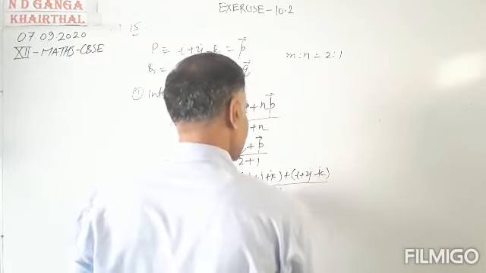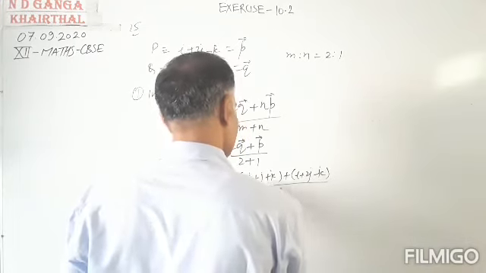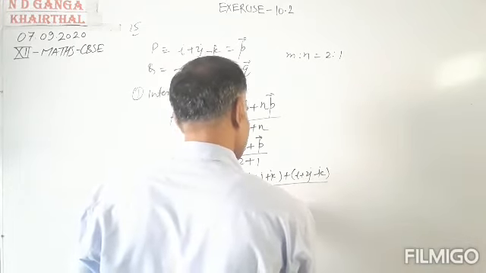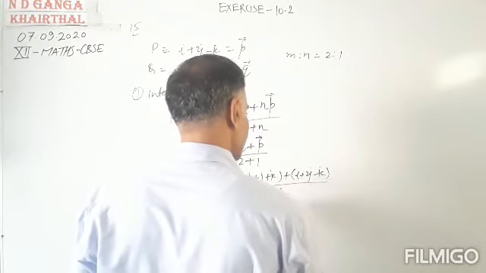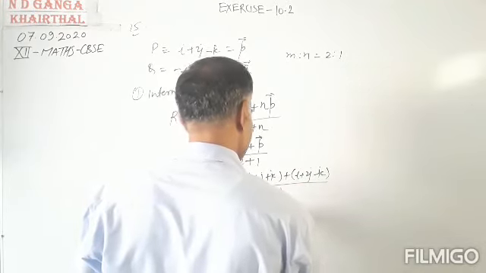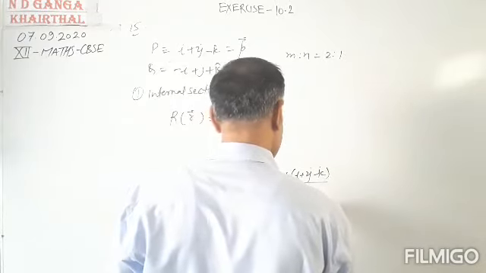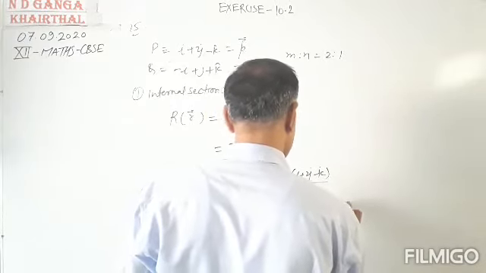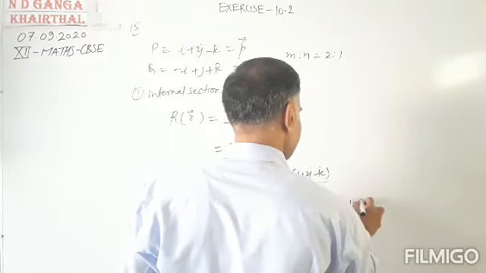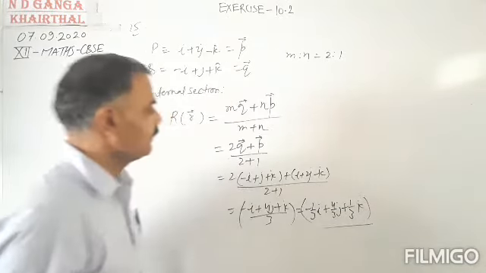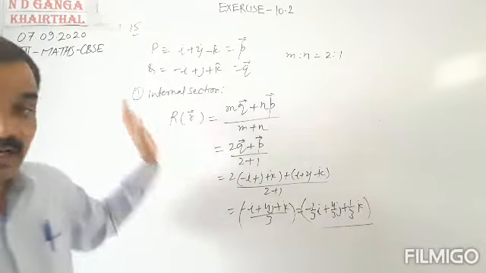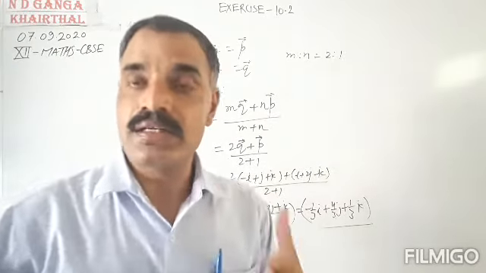Minus 2i plus i is minus i, 2j plus 2j is 4j, and 2k minus k is k, divided by 3, which equals minus 1 by 3 i cap plus 4 by 3 j cap plus 1 by 3 k cap. Okay, so this is the position vector of R when it is internal section.